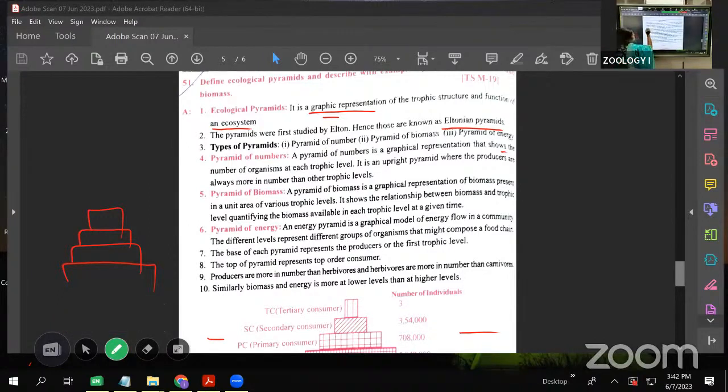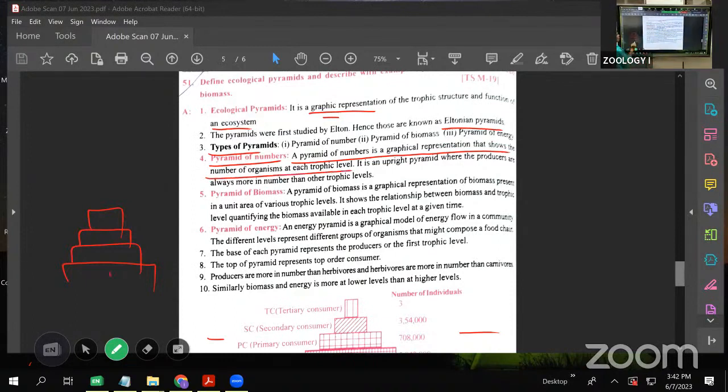The first one is the pyramid of numbers. A pyramid of numbers is a graphical representation that shows the number of organisms in each trophic level.